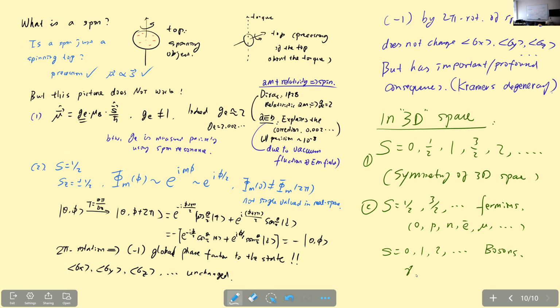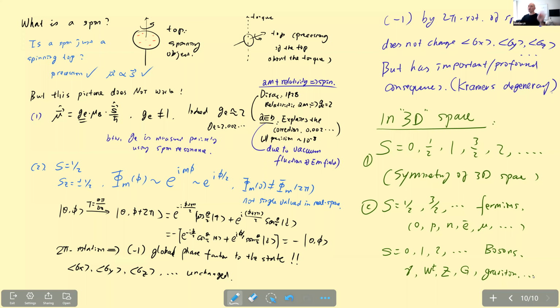For example, the photon, W and Z, a gluon, a graviton, if there is any, right? So on and so forth. So bosons always have integer spin, and fermions always have half integer spins, and the reason is also related to the symmetry, okay. So to have half integers, the particles must be fermions, okay, right?